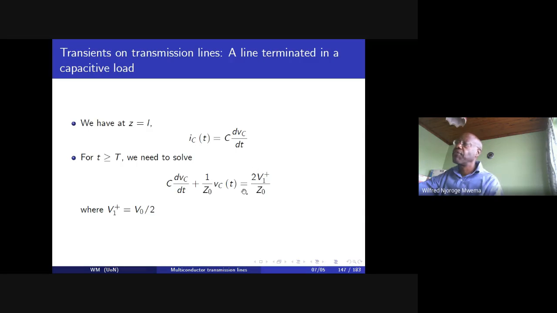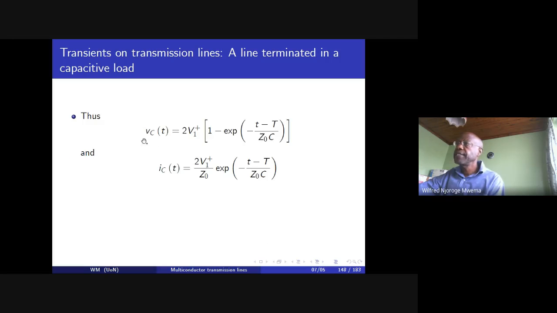Therefore, we can express the V1 minus of t in terms of Ic of t and V1 plus, and then put it in the equations, and then we can get a value for Vc of t. Again, we use Laplace transforms as before, and we'll get a value for the voltages.